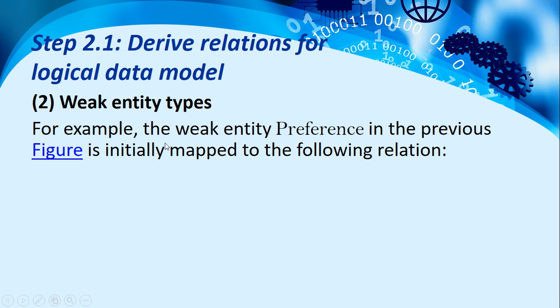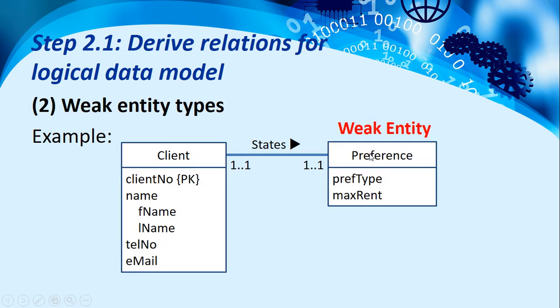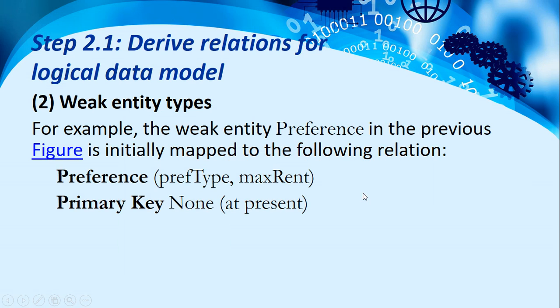For example, the weak entity preference in the previous figure is initially mapped to the following relation. You just write the name of the entity, then list down its attributes. Since there are only two attributes here, that's what you write. Then enclose it in parentheses, open and close, primary key: none at present.